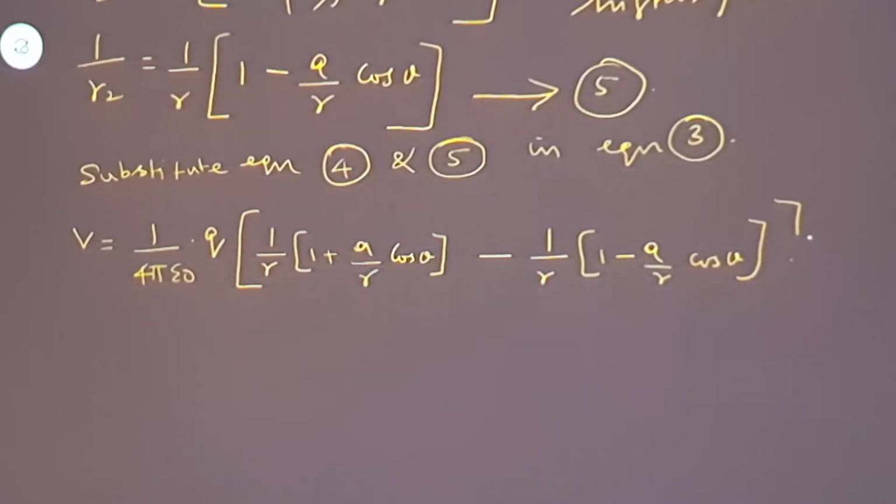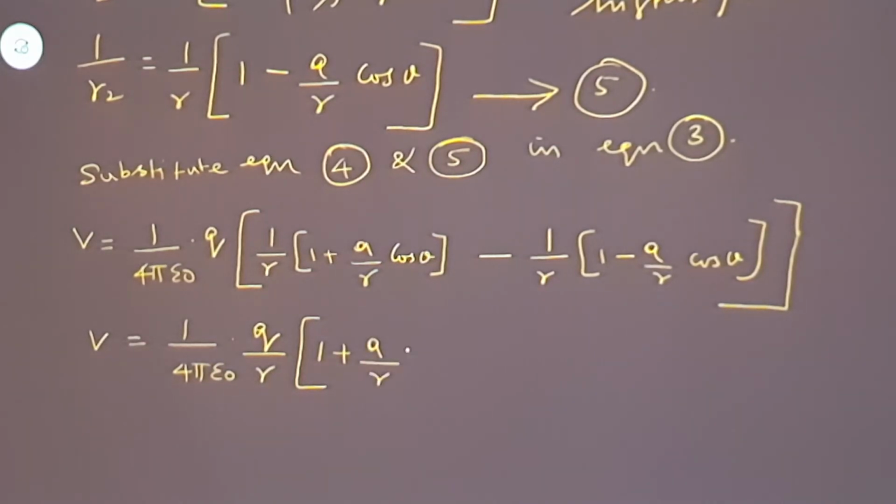How to simplify this? See, in order to simplify this, in both of these, I am having 1 by R as common. So, V is equal to 1 divided by 4 pi epsilon 0 Q divided by R. You write the remaining, by removing the brackets, you get 1 plus A divided by R cos theta minus, again when you are multiplying this minus with this bracket, minus of 1, then this minus and this minus will become plus A by R cos theta.